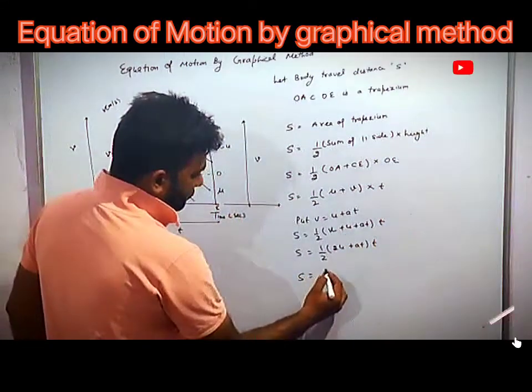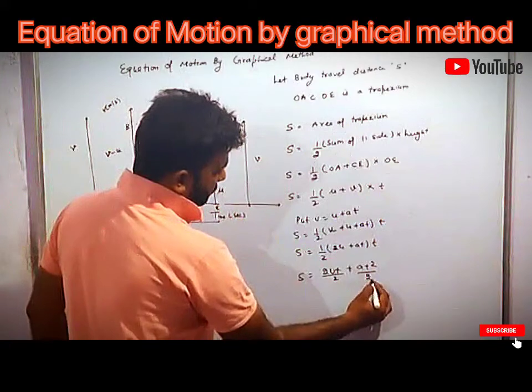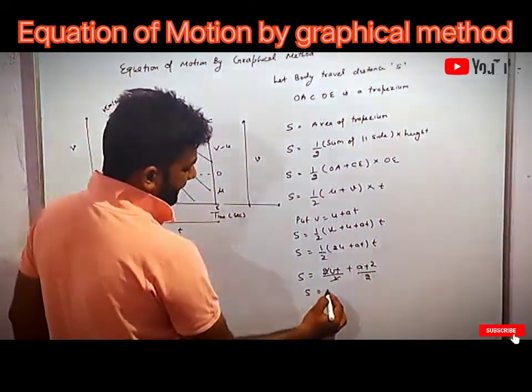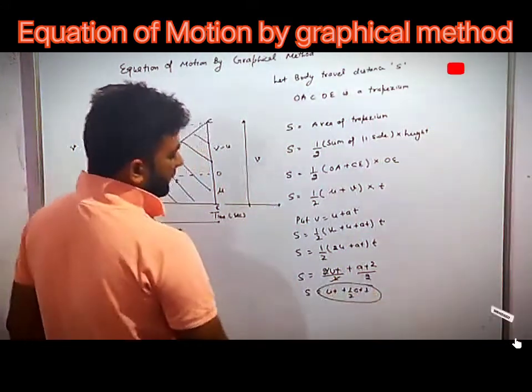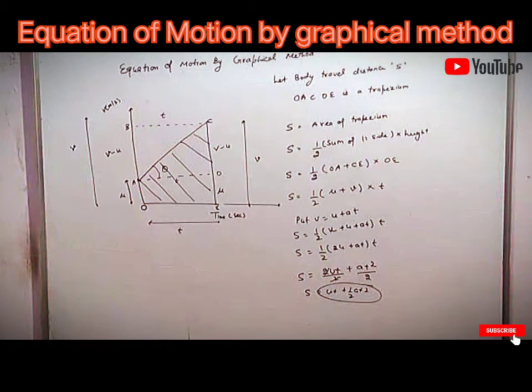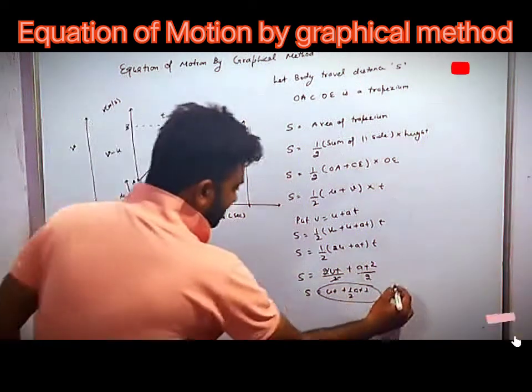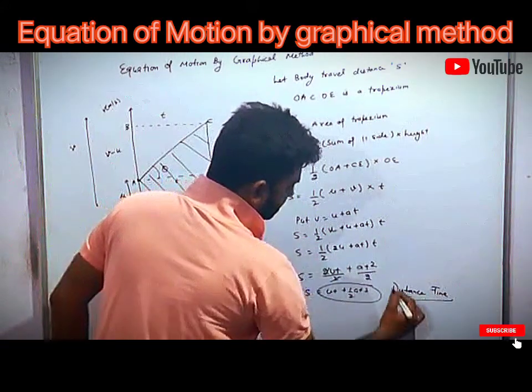Now S is equal to 2ut by 2 plus at square by 2. The 2 cancels with 2. S is equal to ut plus half at square. This is the second equation, and it is called the distance-time relation.